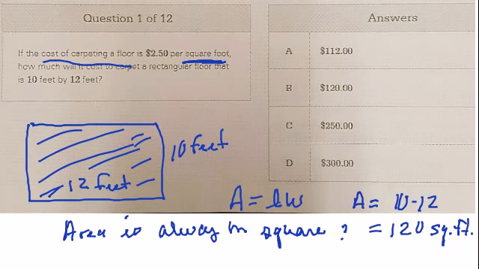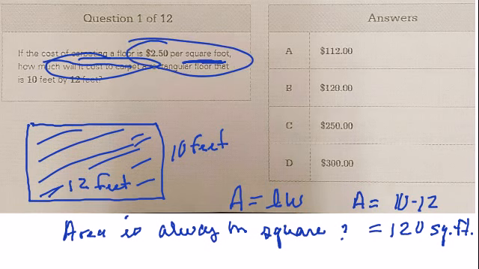But now 120 is not what it was asking, so you need to be careful, because if you notice, answer B is 120, so you might want to go, ooh, 120, I have the answer. However, that's the square footage. We're looking for the cost for the carpet to cover this 120 square feet. So we need the $2.50 per square foot.